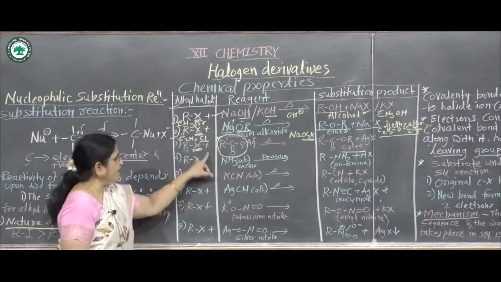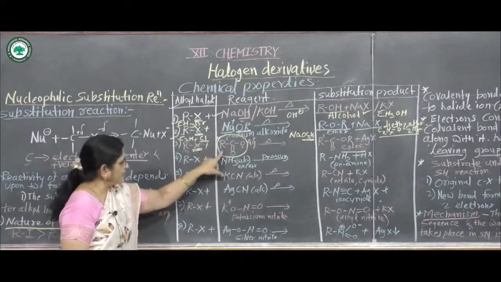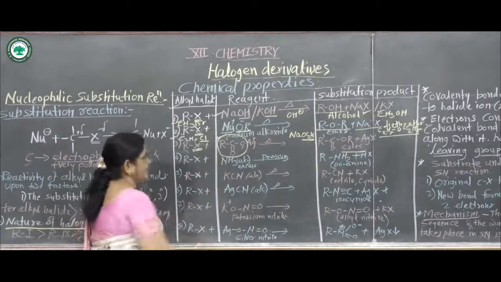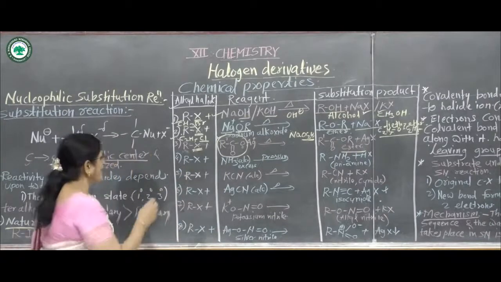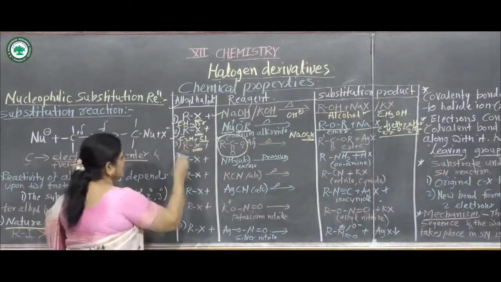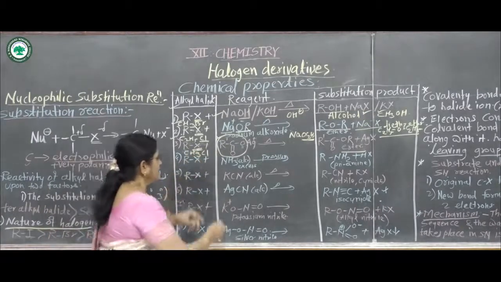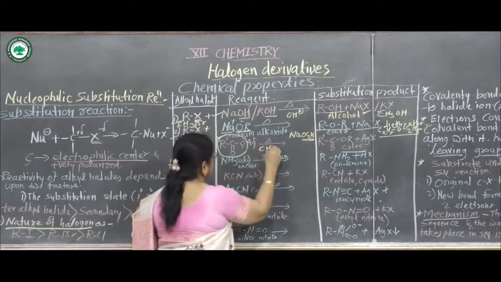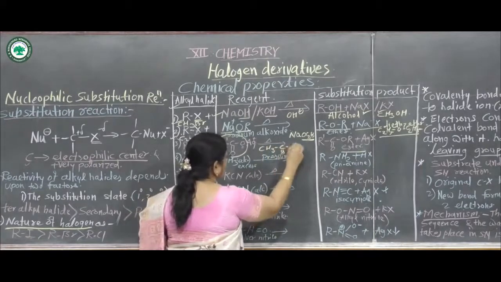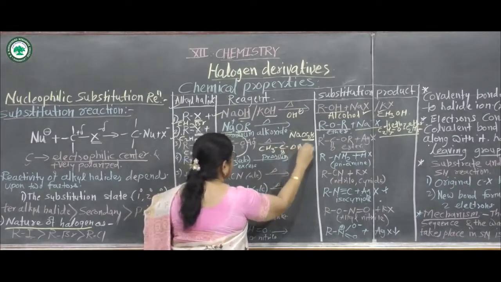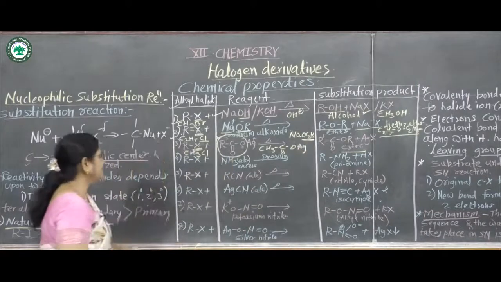That means an alkyl halide reacts with silver acetate. Suppose here again CH3Cl. If this CH3Cl reacts with silver acetate, CH3COOAg, then which ester does it give?